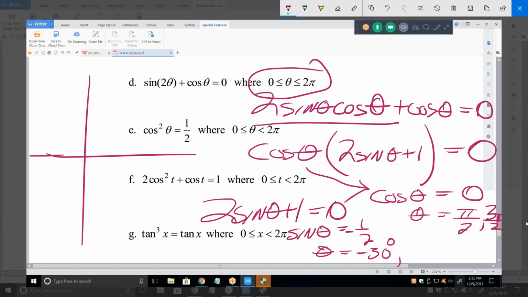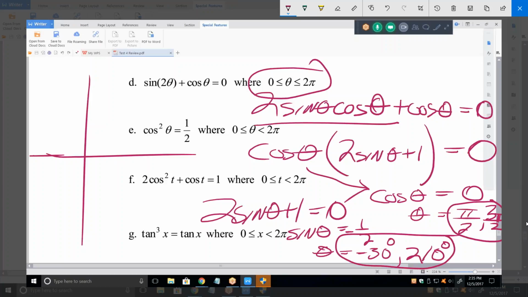What's the angle that's equivalent to minus 30 degrees? 210. Correct. There's your two answers. So actually there are our four answers. And I apologize for putting one in radians and the other in degrees.